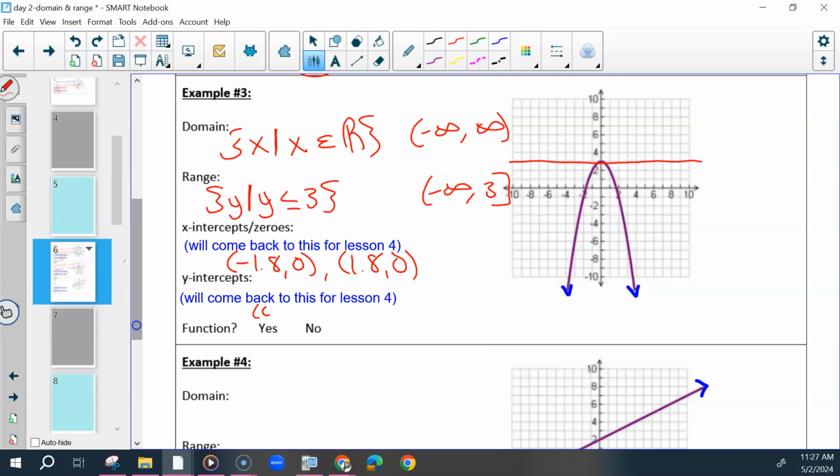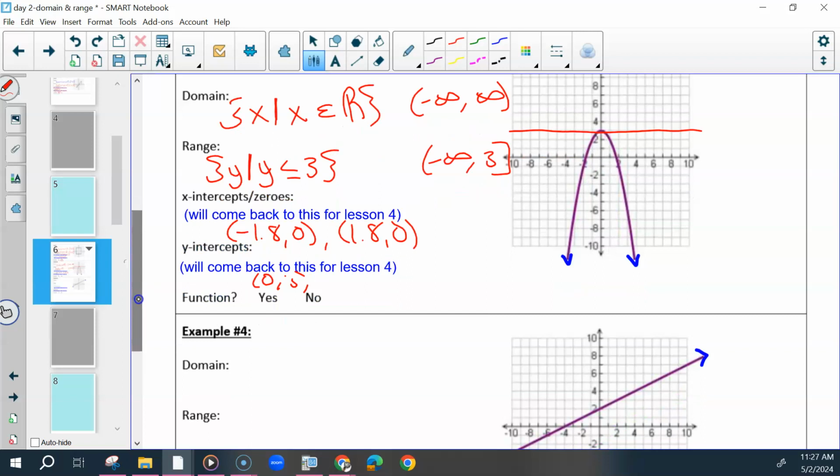So that would be 0, 3. Is this a function? Yes. All quadratics are functions. If your quadratic is turned sideways, it's not a quadratic and it's not a function. Questions on how we find domain and range with arrows?